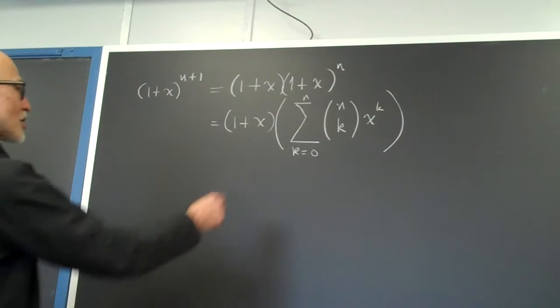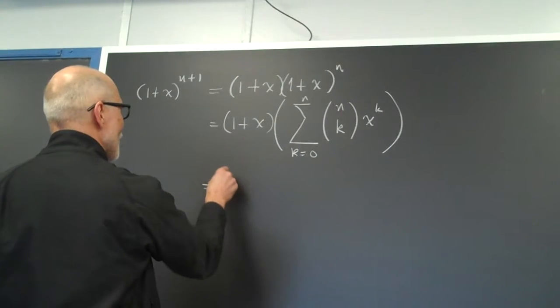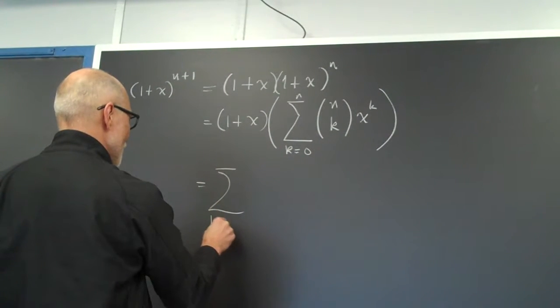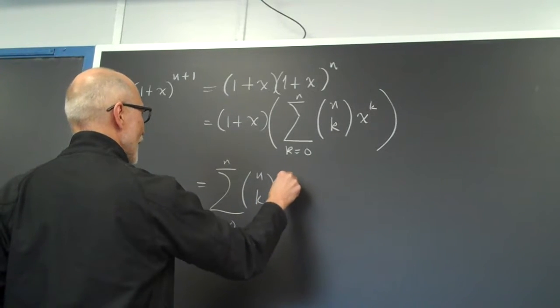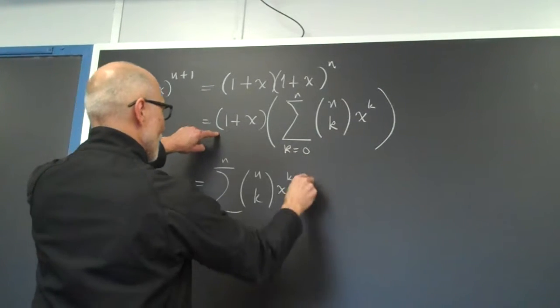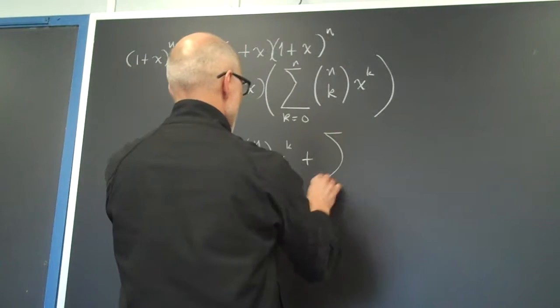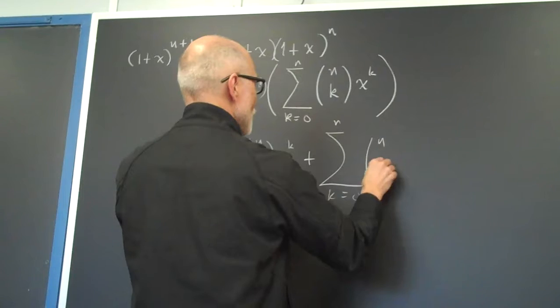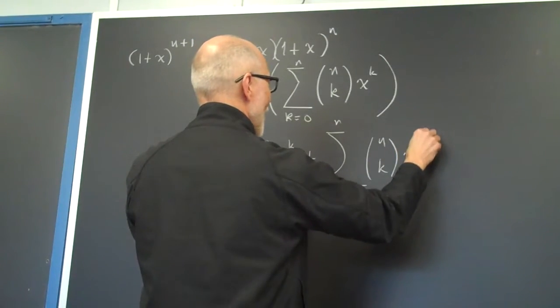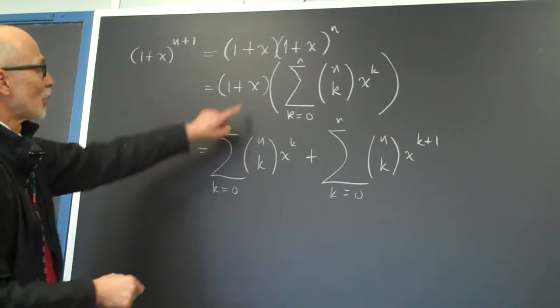And let me just notice now, if I write this out here, I'll end up with n choose k times x to the k, that's 1 times it, plus, well, k equals 0, n choose k times x to the k plus 1 power when I multiply it by x.